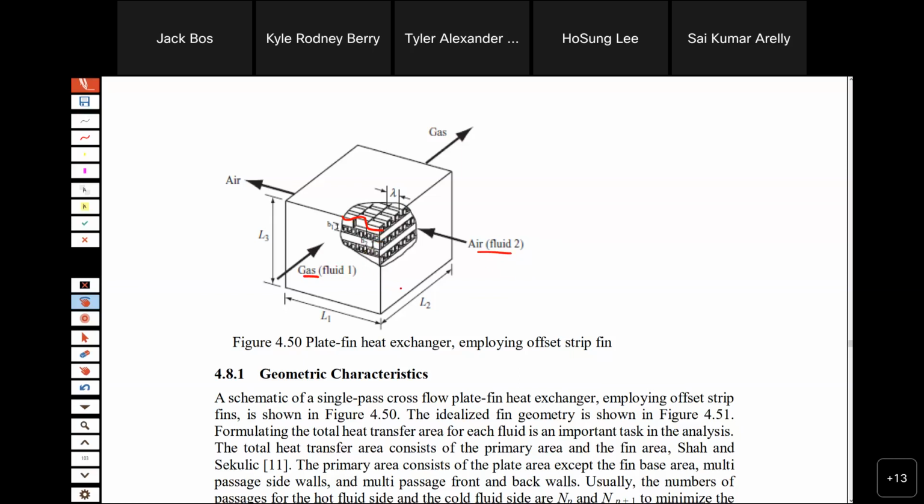Particularly in a fuel cell power plant, the inlet air temperature is increased using the exhaust gas. So on one side the gas is coming out, and on the other the fresh air is coming in. We'd like to obtain waste heat recovery.